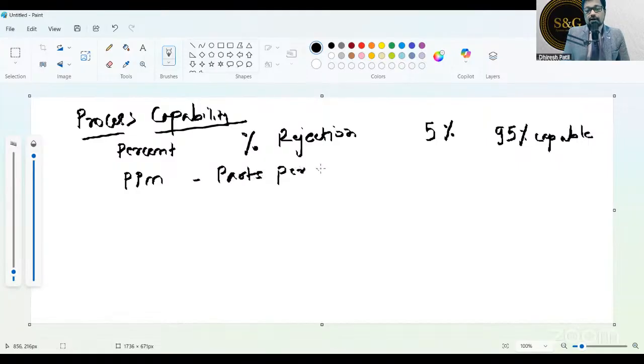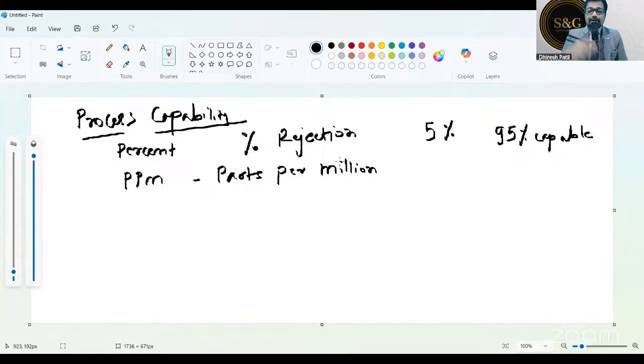Because what happened was the mass production system started in the early 1920s and 30s onwards. So people started producing not in hundreds and thousands, they started producing in lakhs.